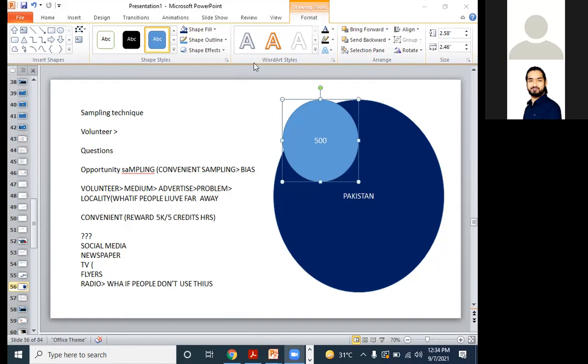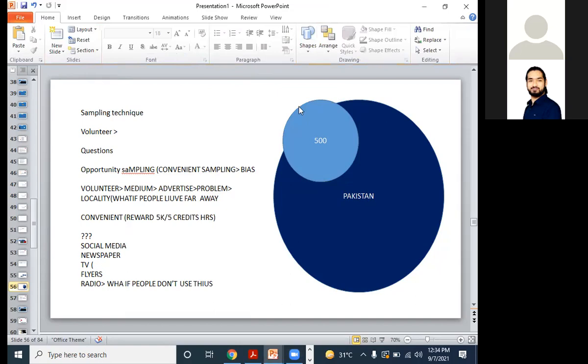All right, Aisha. The problem with volunteer sampling I have highlighted. The problem with opportunity sampling that I have highlighted. So do you guys understand the problem with each of these? Do you understand the masla kya hai opportunity or volunteer ke andar? That I don't have everyone, right?